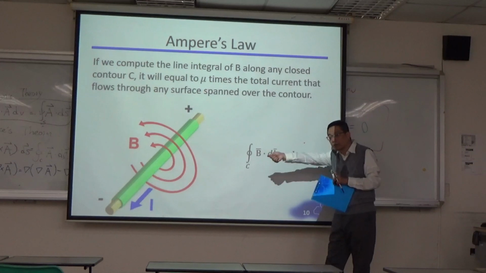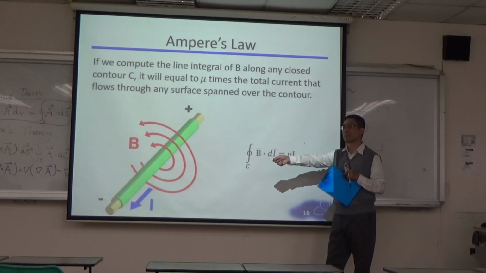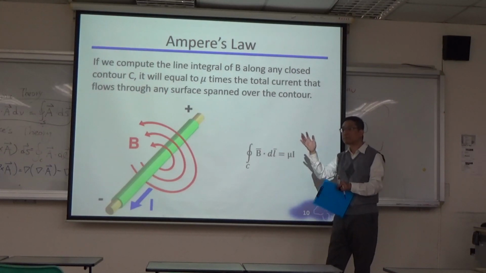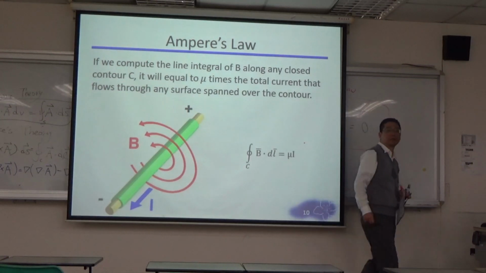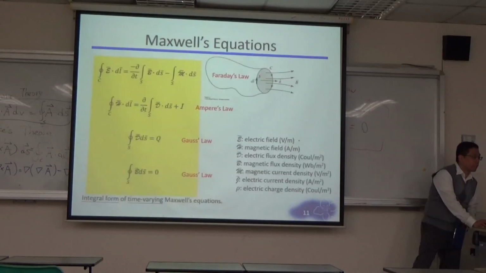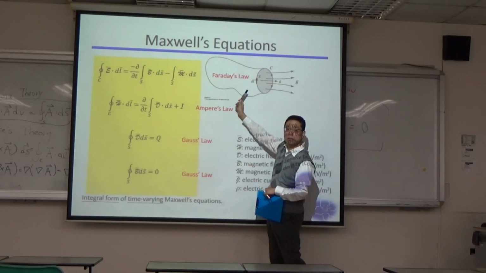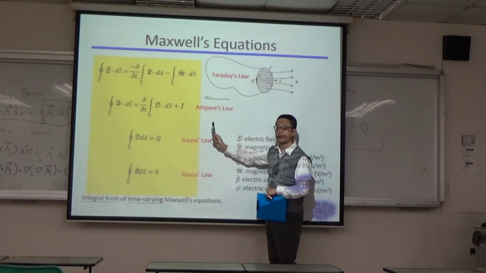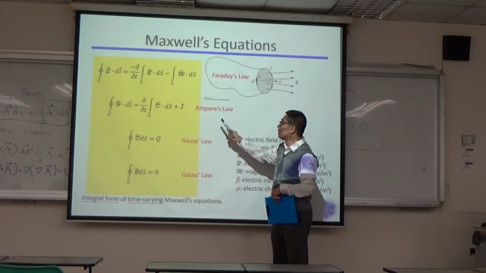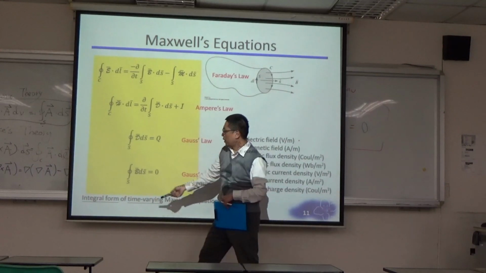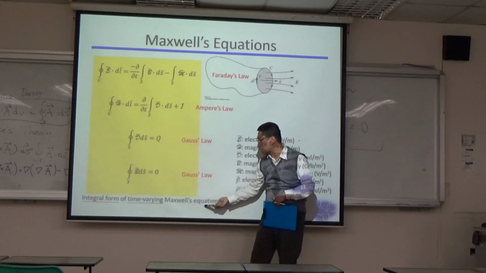If you have a current going through a core line, then you will have a magnetic field around it. Okay? So for those four equations, the first equation is Faraday's law, the second one is Ampere's law, and the third one and the fourth one are Gauss's law. These are the integral form of time-varying Maxwell equations.